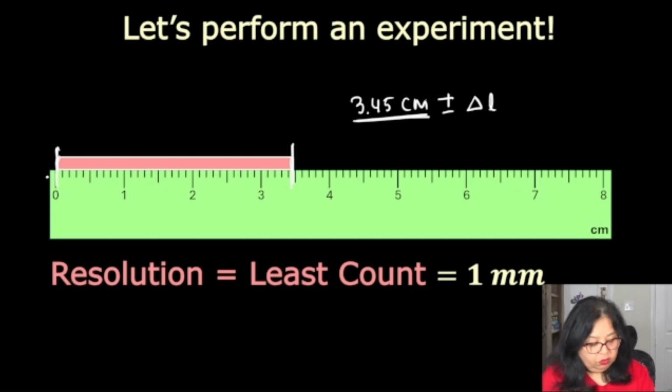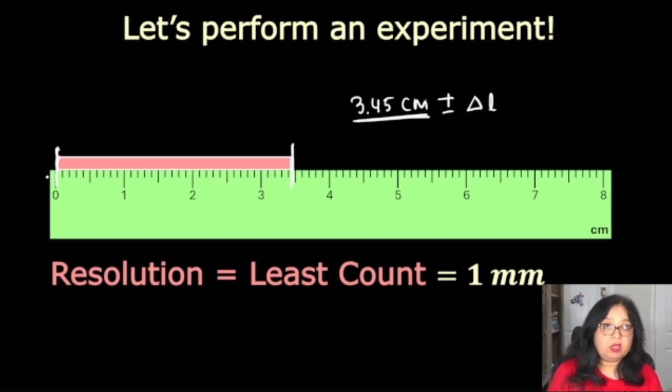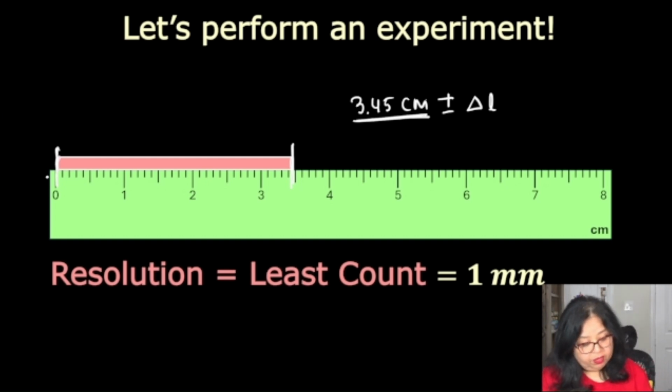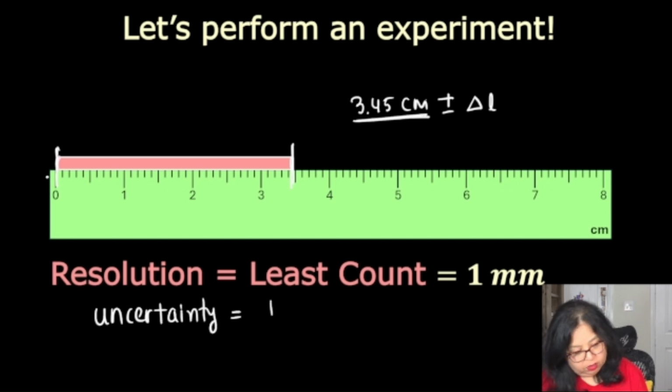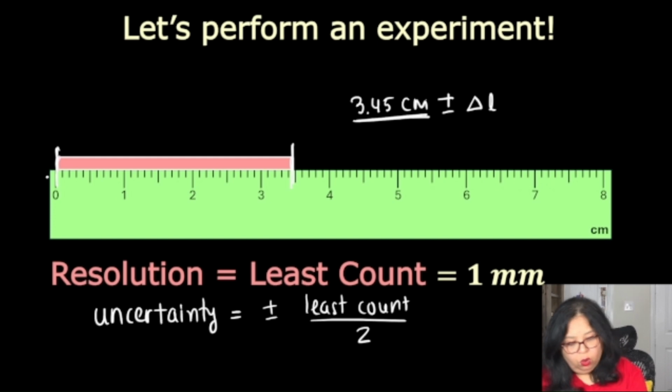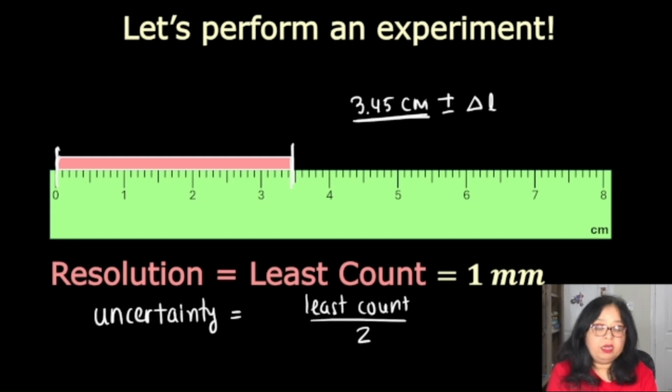Okay. So in the case of tools or instruments that have least count or resolution, as a rule of thumb, the uncertainty equals plus minus the least count divided by 2. Or if you're talking just about the absolute value, that is going to be least count divided by 2.